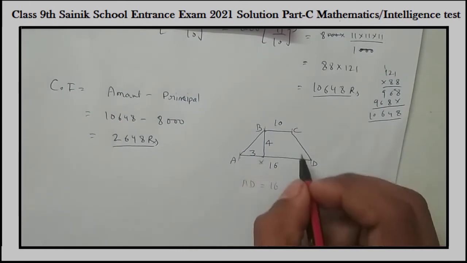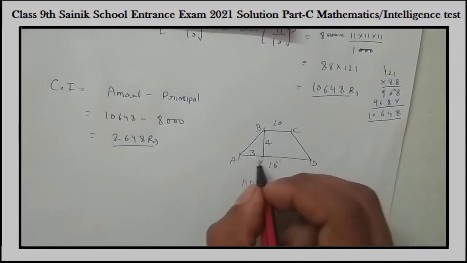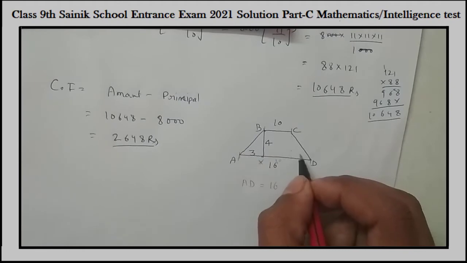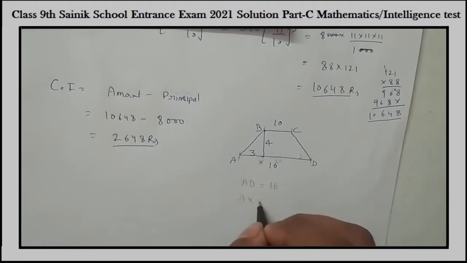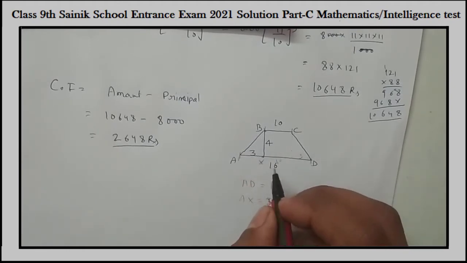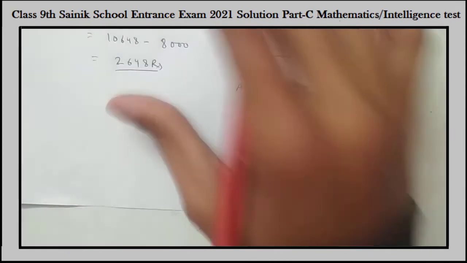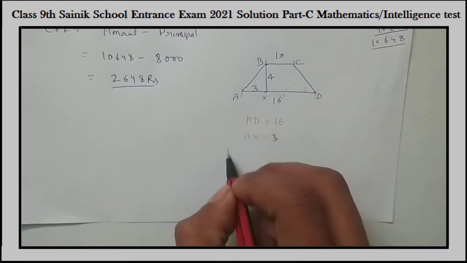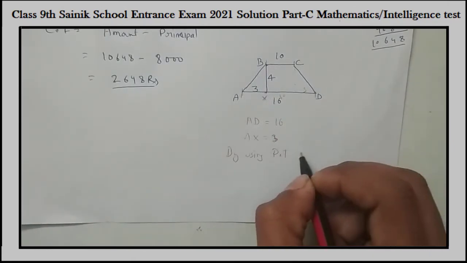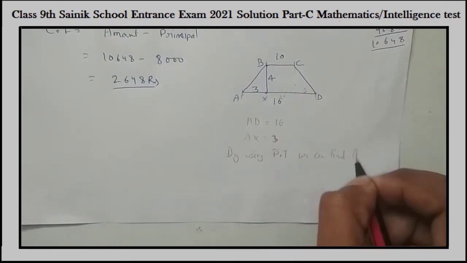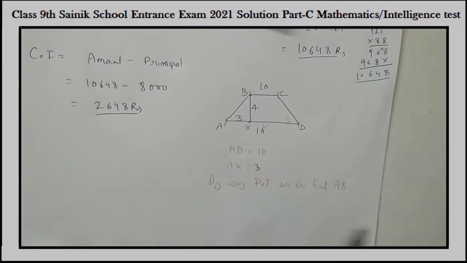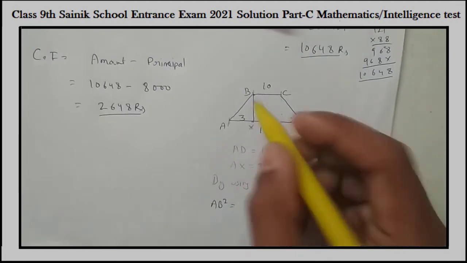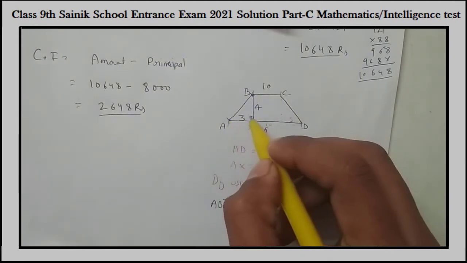What will be our AX? This will be 10, this will be 3 and this will be 3. AX is equal to 3. Okay. By using Pythagoras theorem, we can find AB. This is a 90-degree angle.